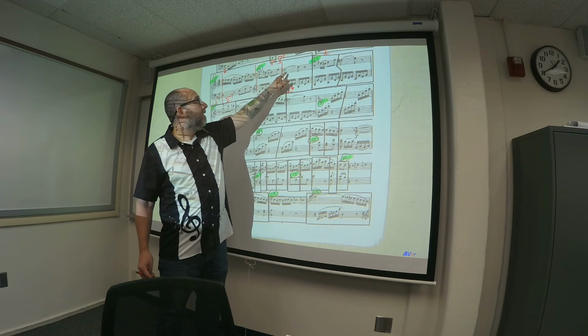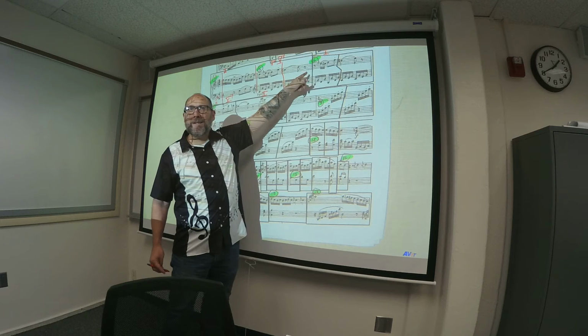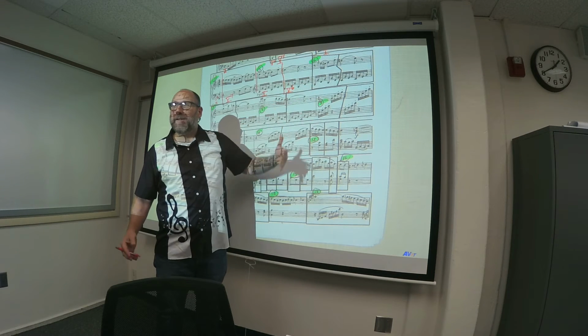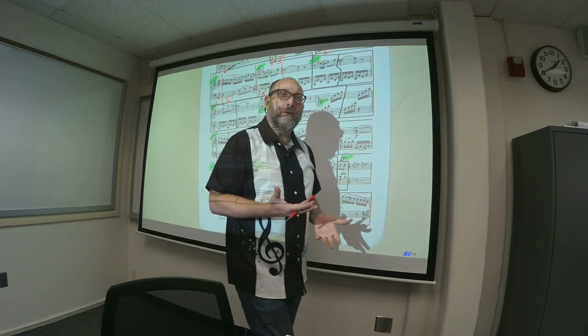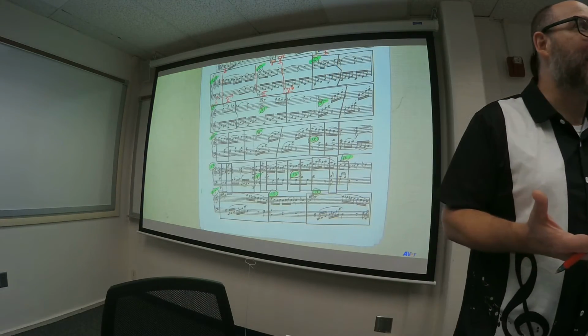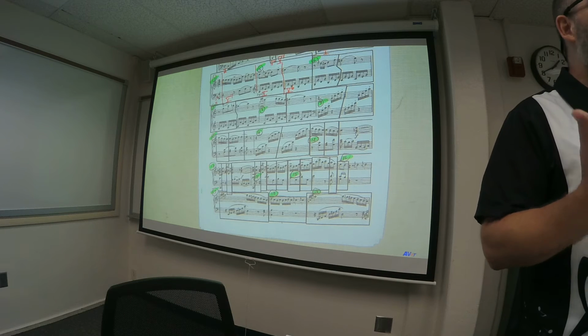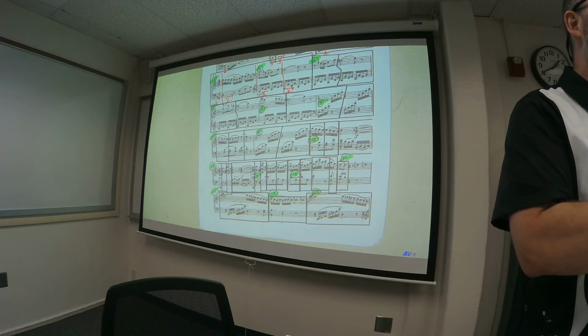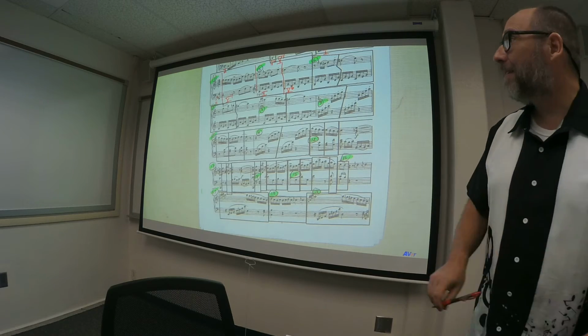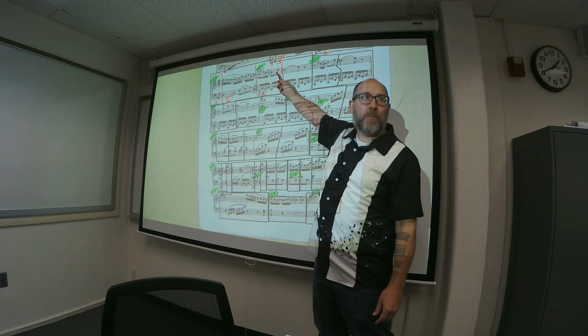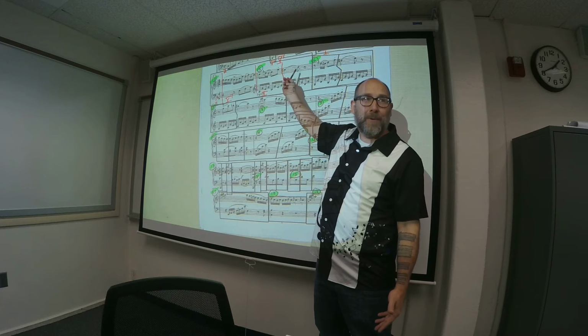G, B, D. It's a C sharp and a D. One of them is in a G, B, D chord and one of them isn't. So if you're already looking for a 5 chord, you can tell which one is the right one and which one's the non-chord tone. If you didn't make a guess by looking at the left hand first, you might be tempted to say this is the long tone and this is the short tone, so maybe this is the important one. But that's not what's happening here.